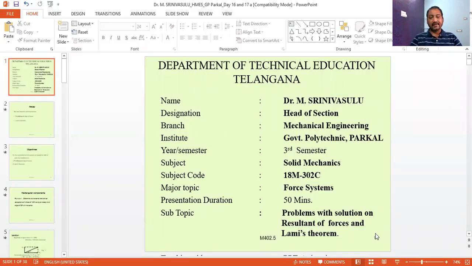So today's lesson is exercise problems on the parallel law of forces and also on Lami's theorem.